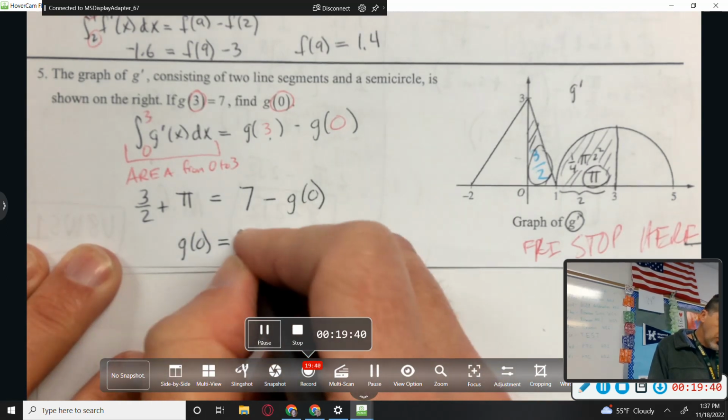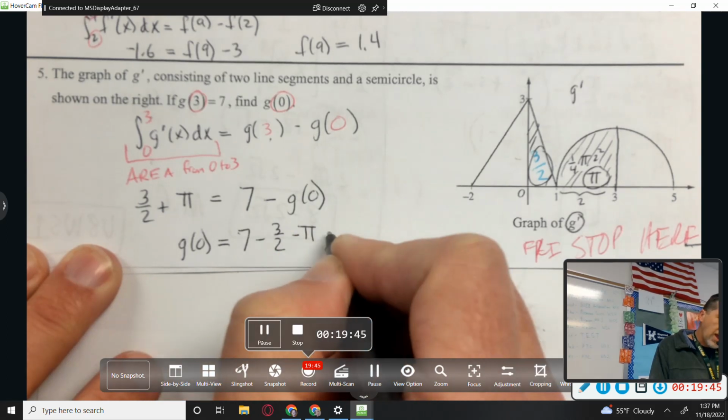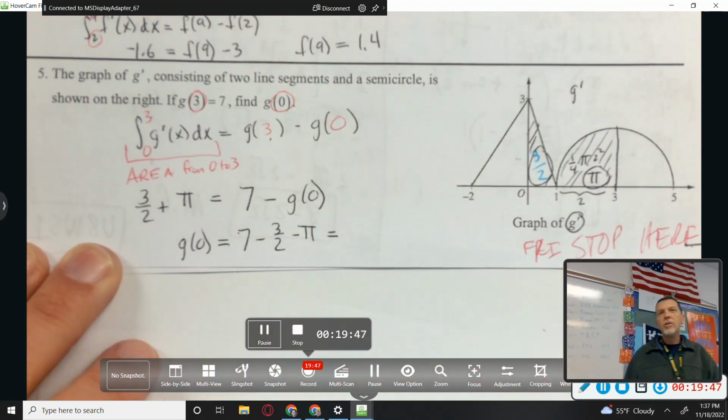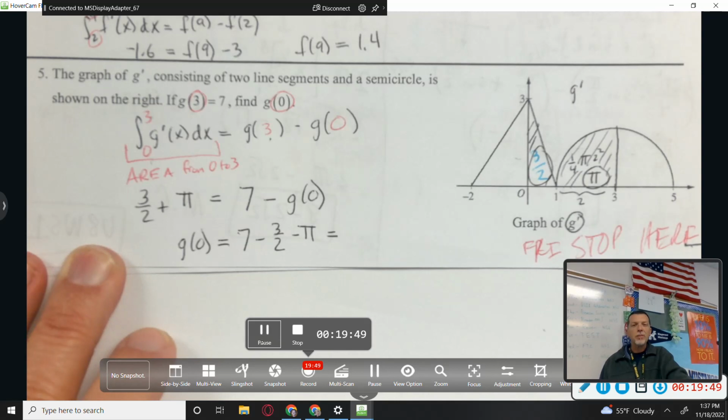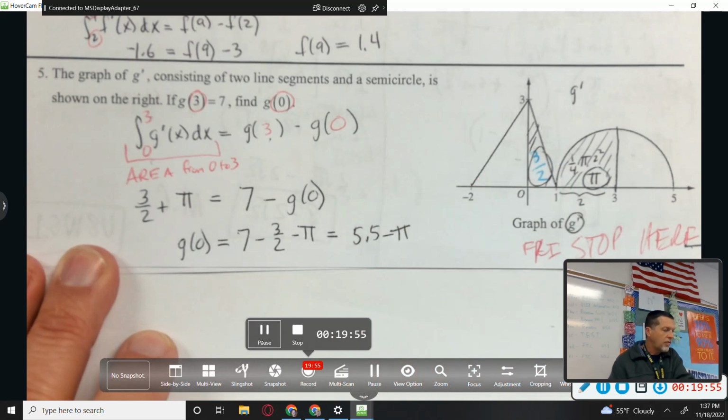G of 0 would be 7 minus 3/2 minus pi, which is the cleanest answer, but it's an acceptable answer. 7 minus 1/2 would be 5/2. 5/2 minus pi. And we'll stop there.